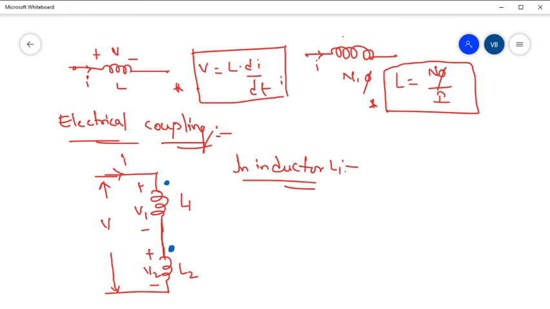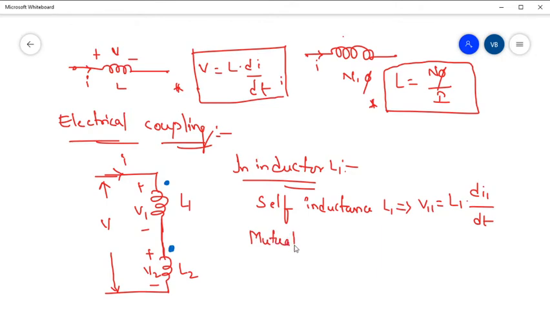First, for self-inductance in L1 by inductor L1, I am going to take it as V11, which is L1 into di1 by dt, where I1 is the current passing through. Next, mutual inductance is also generated in inductor L1.